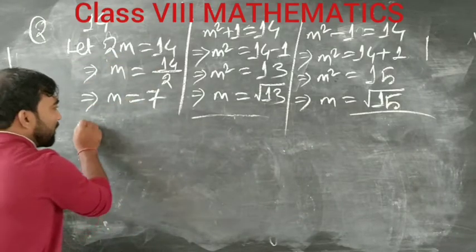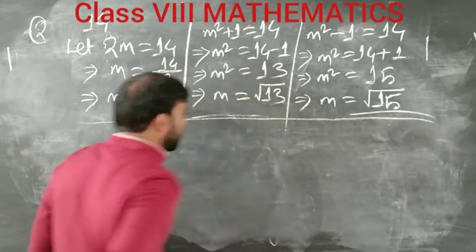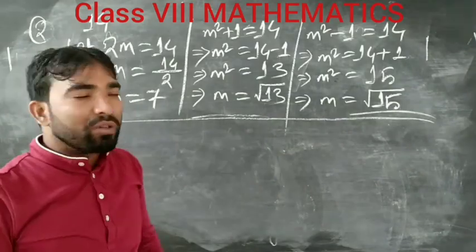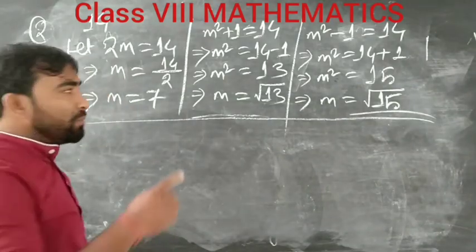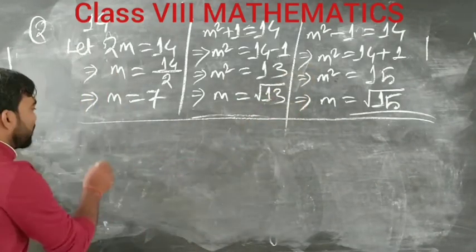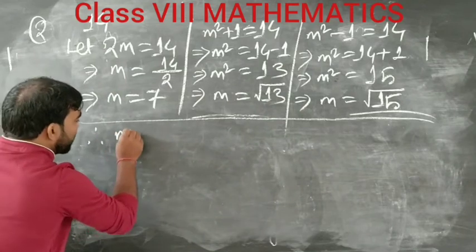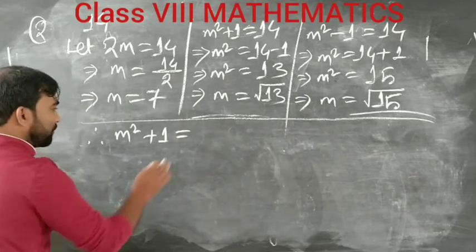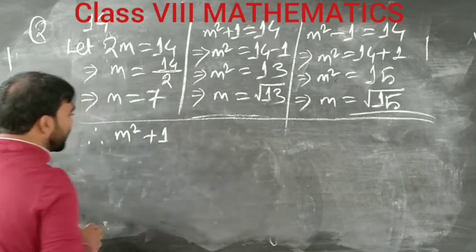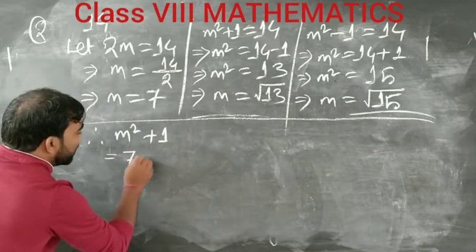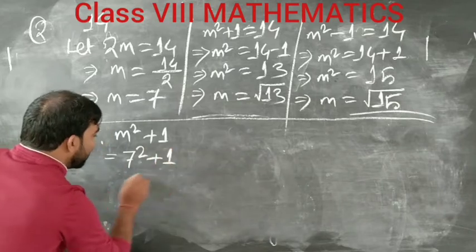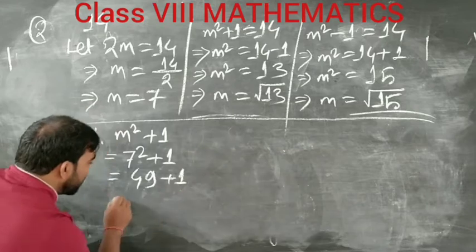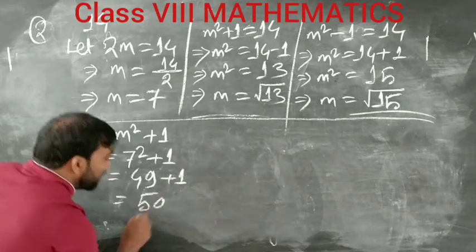Now if m equals 7, then the rest two Pythagorean triplets will be m square plus 1 and m square minus 1. Therefore m square plus 1 equals 7 square plus 1, that is 49 plus 1, that is 50.